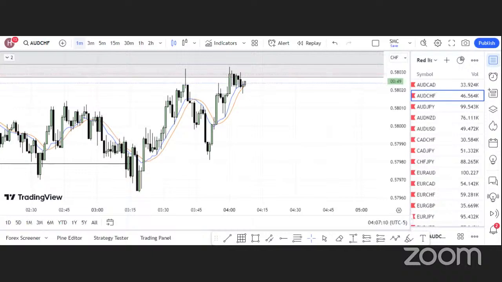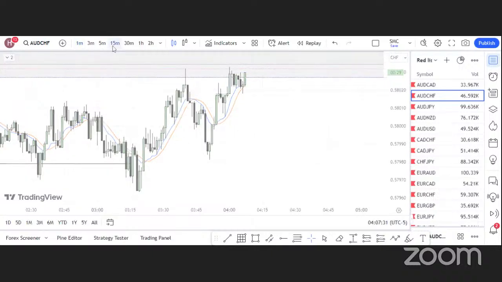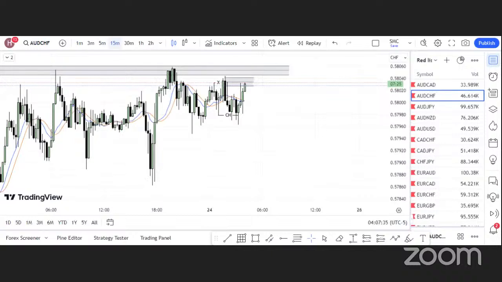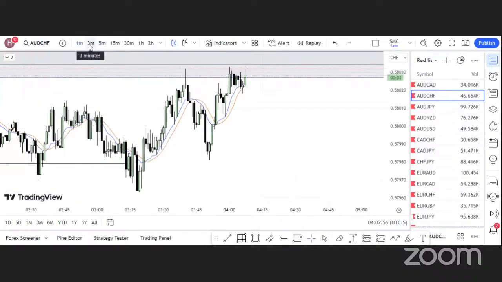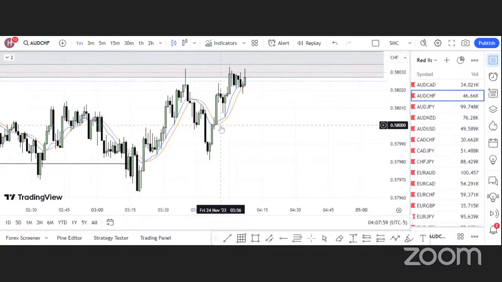Once we get that proper, perfect crossing, then we are going to take our sell trade. You see, no proper confirmation yet.